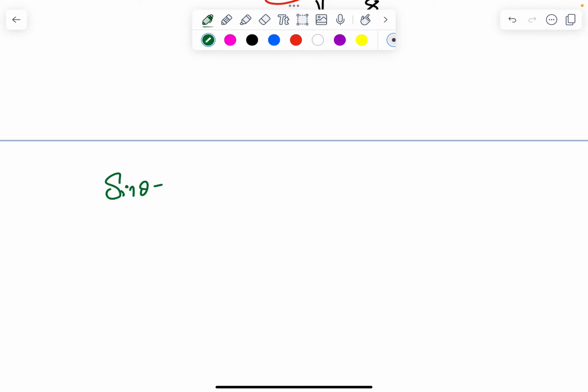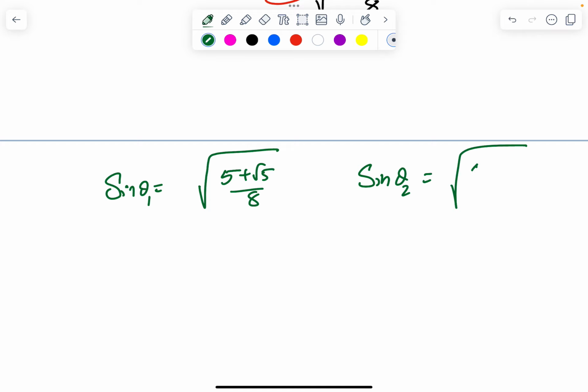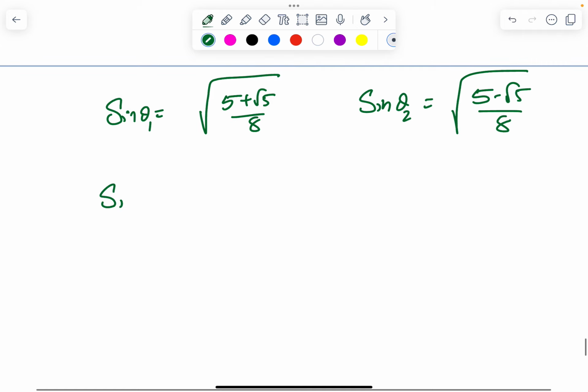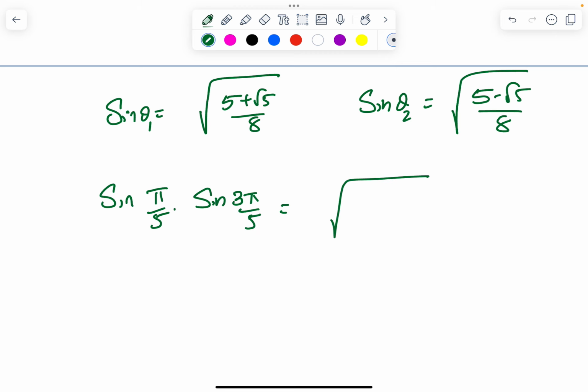Sine theta 1 equals square root of 5 plus root 5 by 8 and sine theta 2 equals square root of 5 minus root 5 by 8. So theta 1 was pi by 5, theta 2 was 3 pi by 5, so the product equals square root of 5 plus root 5 by 8 times square root of 5 minus root 5 by 8.